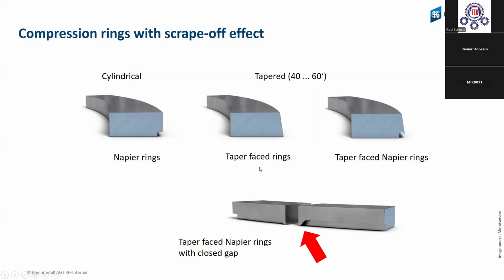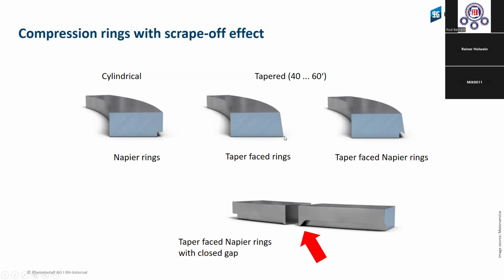We have also here a taper face ring. We have 40 to 60 degrees roundabout. In the past, all of the reconditioners said this is a minor ring. And this effect happens when we start the engine after we overhaul it: a small contact on the bottom of this taper face ring has direct contact with the surface.